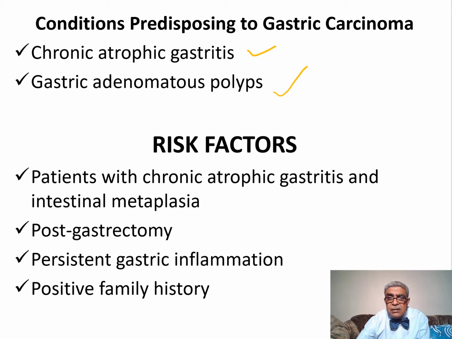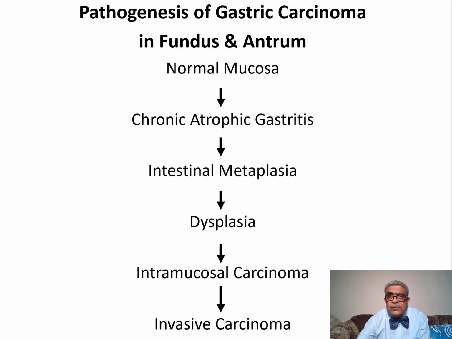They are the risk factors for carcinoma of the stomach, that is adenocarcinoma. Now, if you see this chart, pathogenesis of gastric carcinoma in the fundus and antrum. Initially, there is normal mucosa, then chronic atrophic gastritis, intestinal metaplasia, dysplasia, intramucosal carcinoma, and then invasive carcinoma.